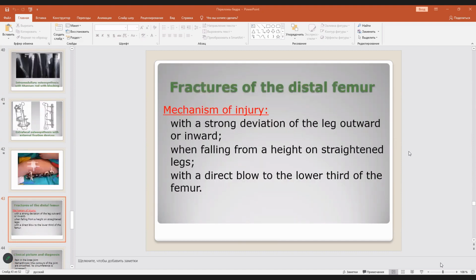Fracture of the distal femur. Mechanism of injury: with a strong deviation of the leg outward or inward, when falling from a height onto straightened legs, or with a direct blow to the lower third of the femur.